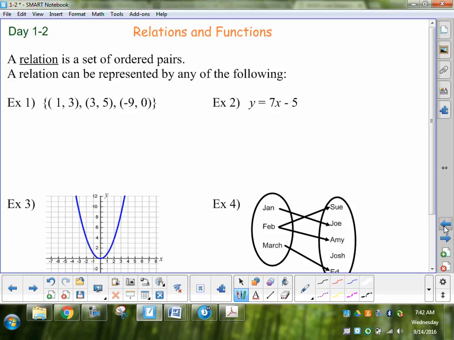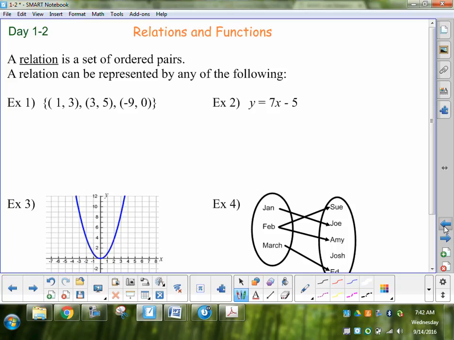It gives you an input and then an output. A relation does not have to be a function, and it's represented by any of these. Now, we're going to talk about what the domain is and what the range is of these. The domain is the input, the range is the output.